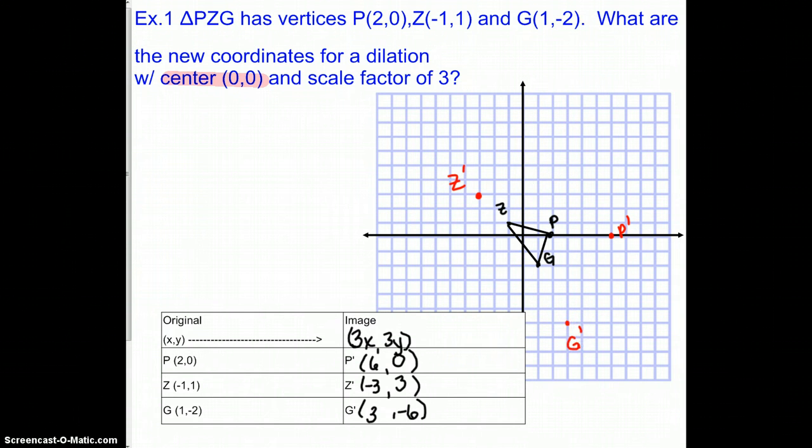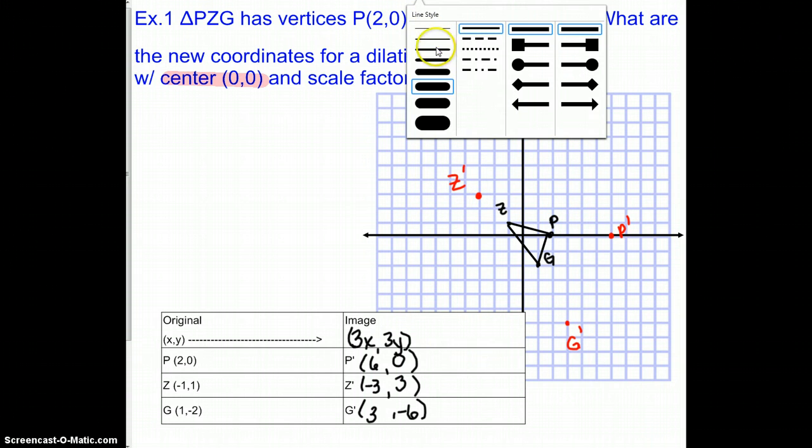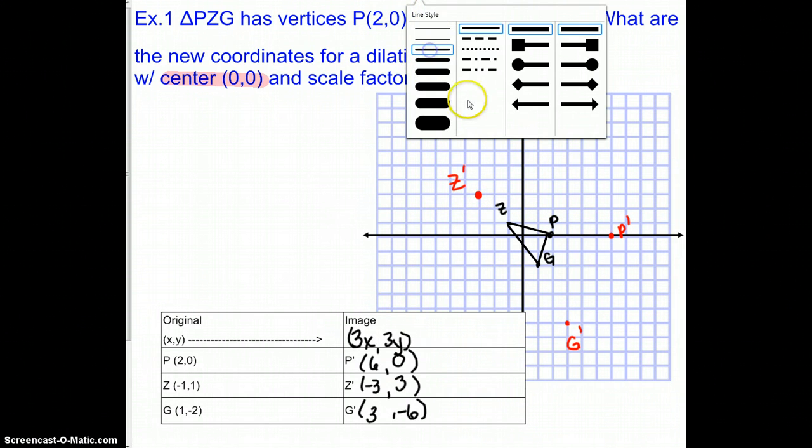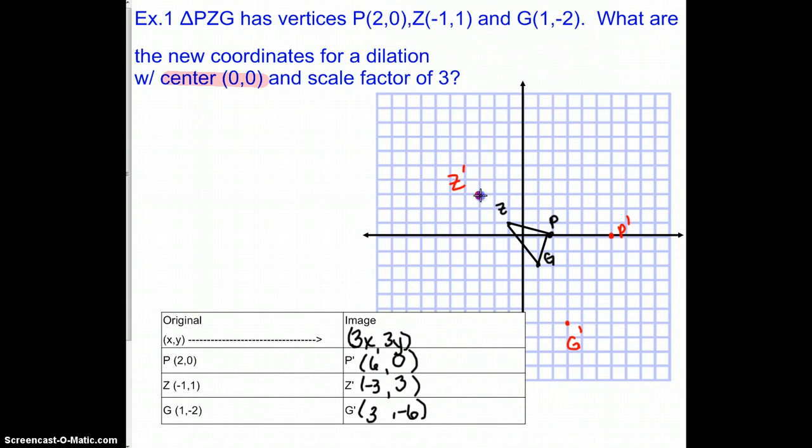And here's G prime. And now I'm going to connect those. I make my line just a little bit smaller. I don't want to obliterate everything else up here. There we go. Let's try that.